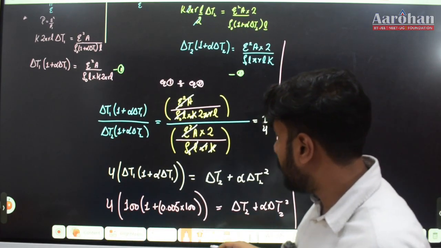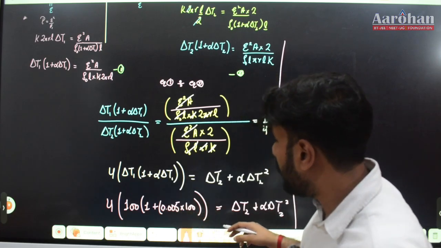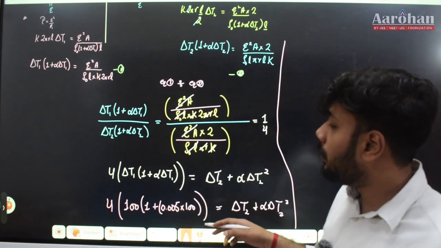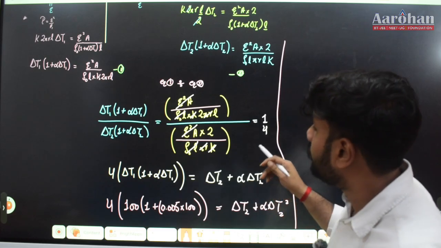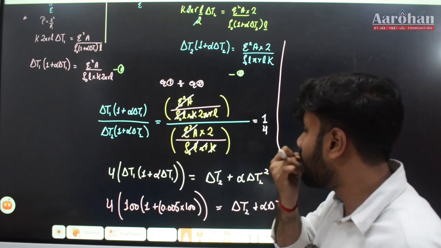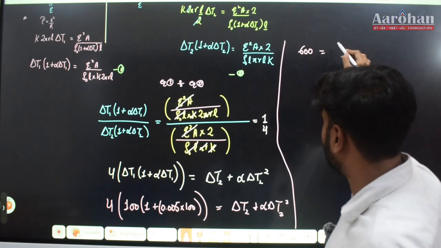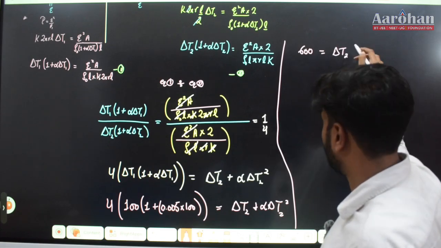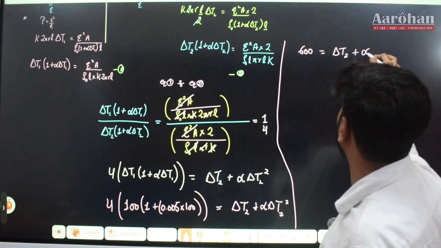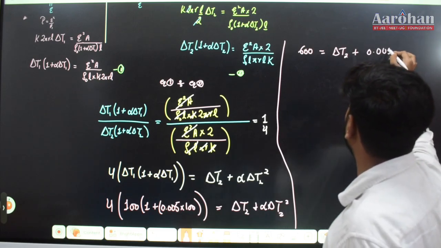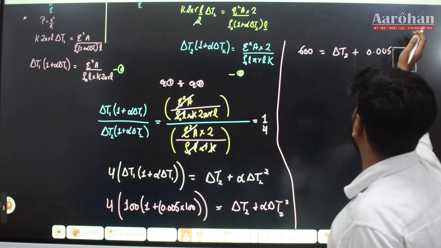Now if you multiply this, we'll get 0.5, and 1 plus 0.5 is 1.5, so that will be 1.5 times 100, that is 150. 150 times 4 is 600, so 600 equals delta T2 plus alpha, we can write alpha again, 0.005 times delta T2 square.